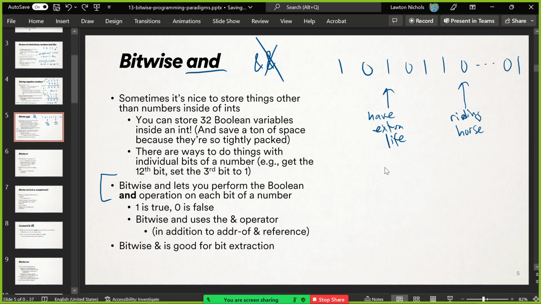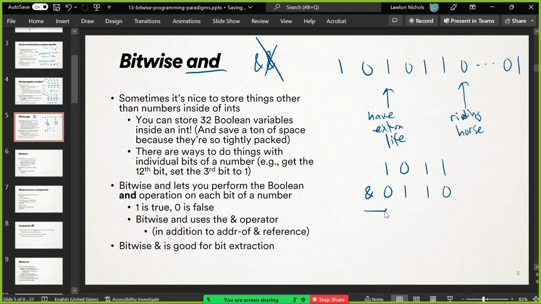This is a little weird. You give it 2 numbers, first of all. Bitwise AND takes 2 numbers. Let's pretend we're in 4-bit land instead of 32-bit land again: 1, 0, 1, 1. And let's bitwise AND that, with a single ampersand, with 0, 1, 1, 0.